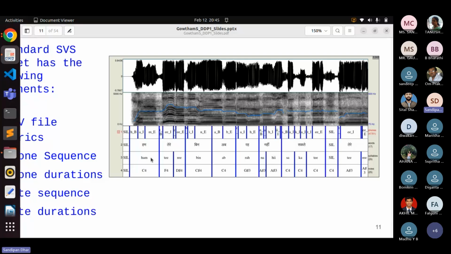Now, these models are quite specific for a specific content, for a specific raga, for a specific musical composition. It has a lot of freedom, and this freedom depends on the specific singer we are choosing. That's why it became quite complicated for us how we can train our model.